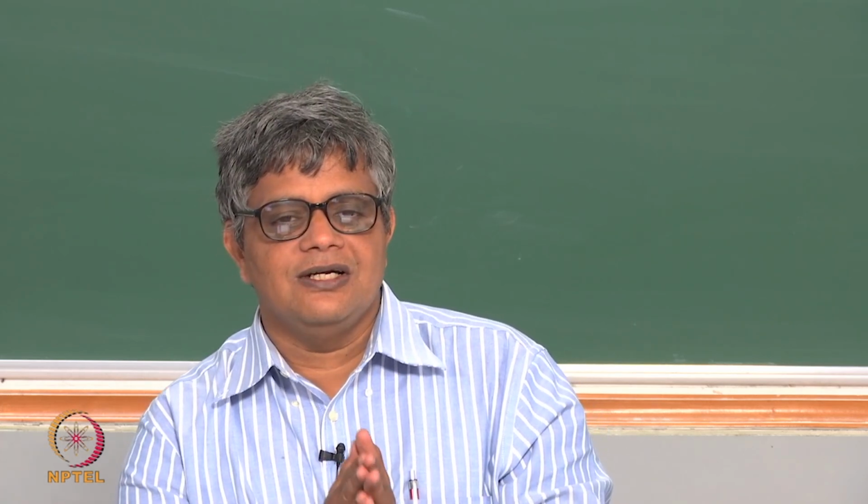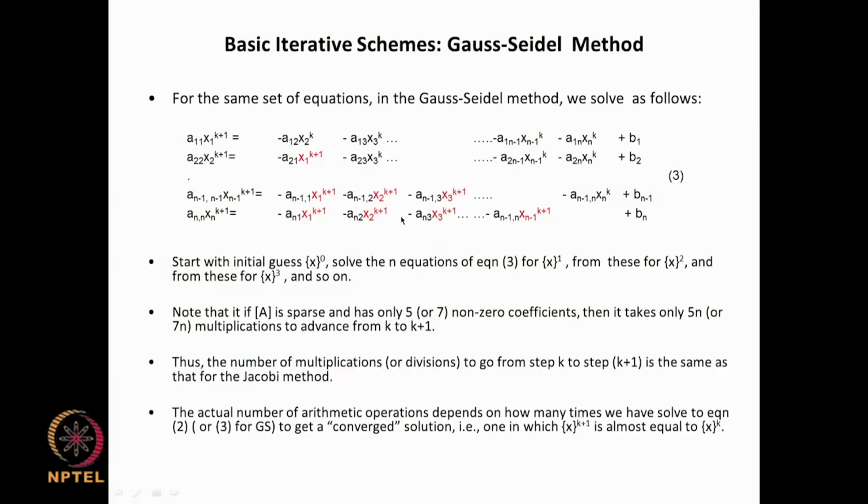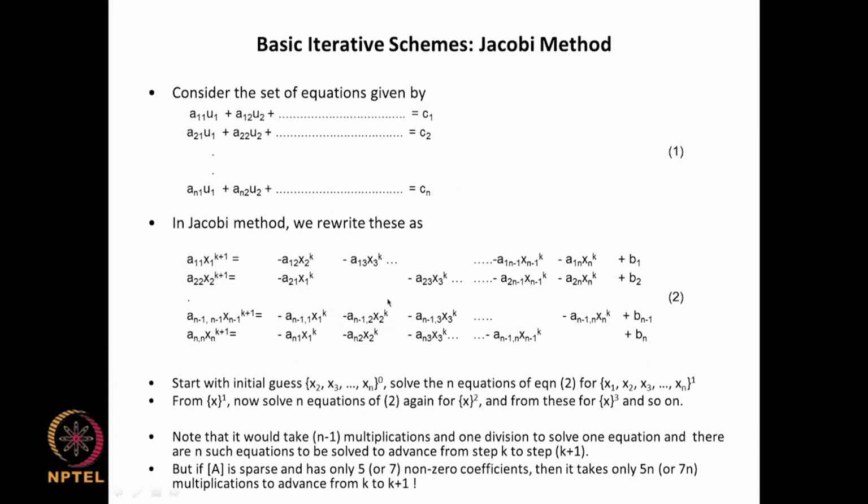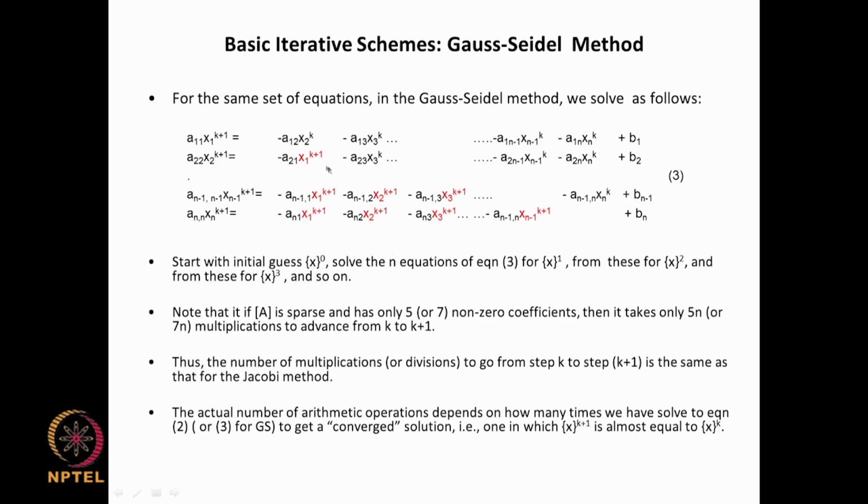So that kind of parallel processing is more readily implementable in the case of the Jacobi method, because each set of equations can be solved independently from the previous known values, whereas in this case you cannot solve this equation until all these are solved, and the information should be supplied to you.